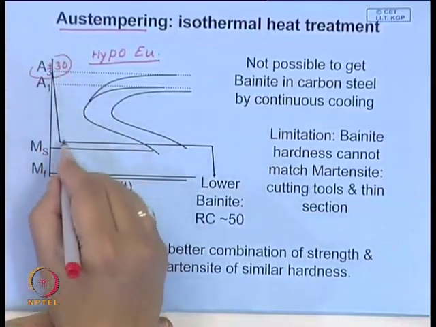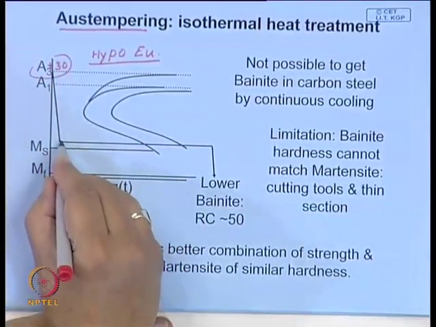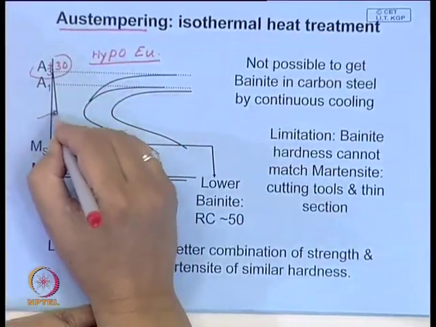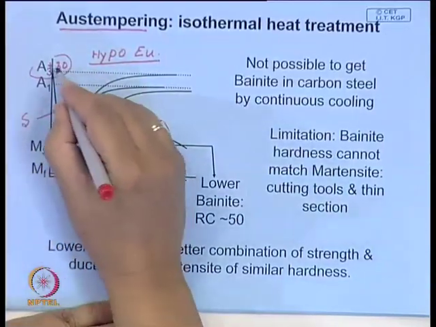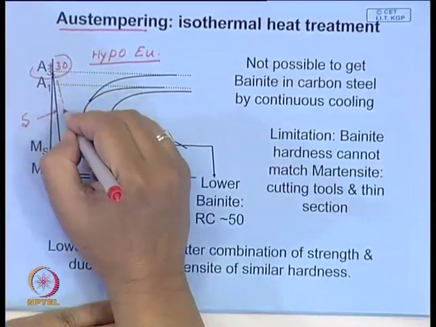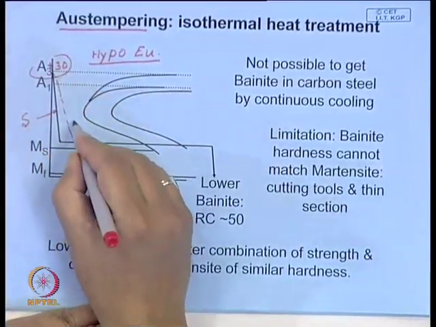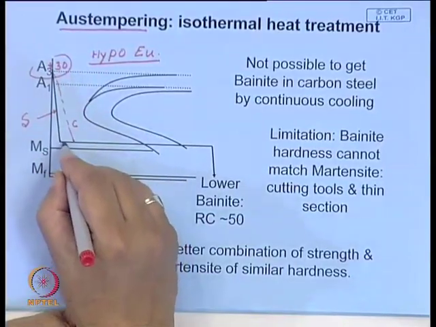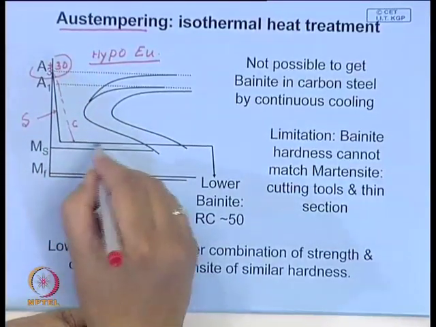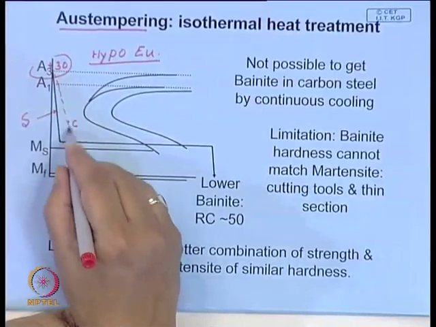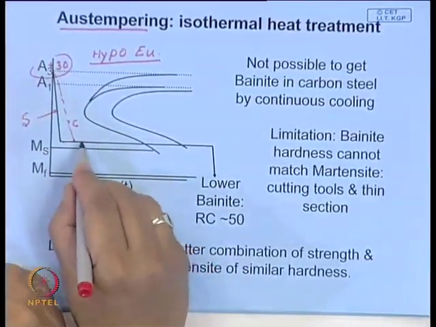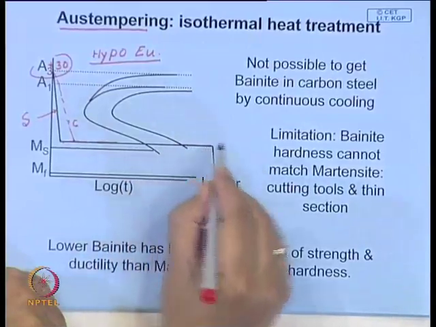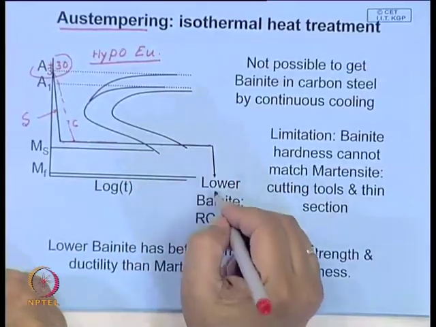And if you maintain the job at this temperature, suppose this is the rate at which the surface is cooled. Similarly, the rate at which the core will cool is something like this, and when you hold it during this time, both temperatures may become uniform and allow the transformation to be completed at this temperature, and then you quench.